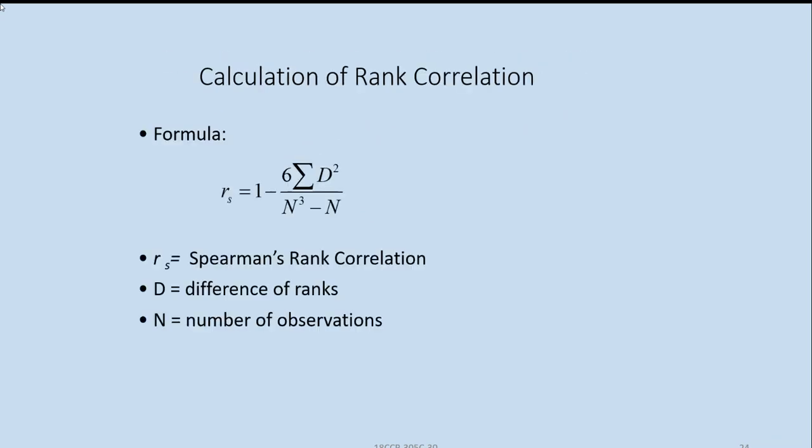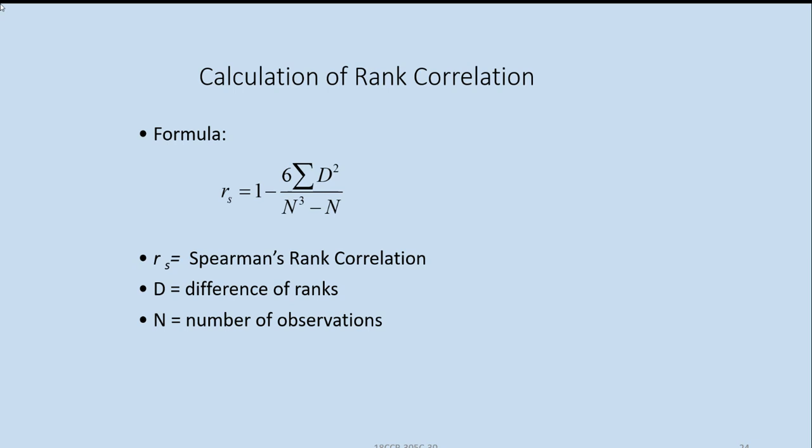The formula is rS is equal to 1 minus 6 sigma d square by n cube minus n. You have to learn by heart all these formulas and procedures for calculating the correlation. That is rS is equal to 1 minus 6 sigma d square by n cube minus n. 6 sigma d square, that is 6 into sigma d square.